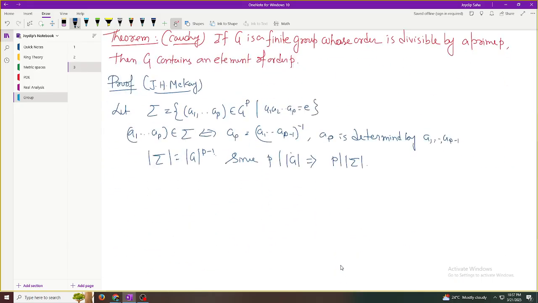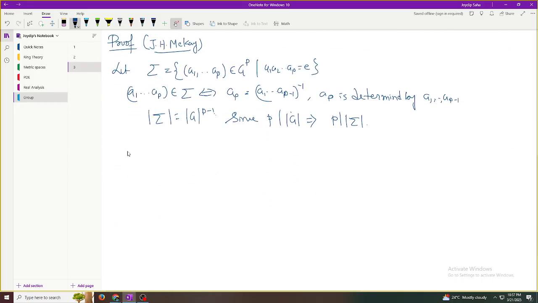Now I act Z/pZ on sigma. I write k bar: (a1, ..., ap) goes to (ak+1, ..., ap, a1, ..., ak).